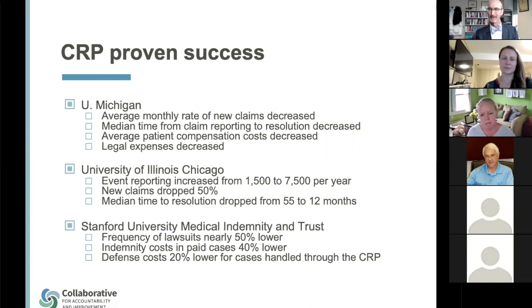As we've been talking today, we really are wanting to look at so much more. We're wanting to look at whether patients are served well, if they're feeling better emotionally and physically, and whether or not we're really improving safety over time through CRPs. But from a short-term financial risk management perspective, CRPs are definitely the way to go.